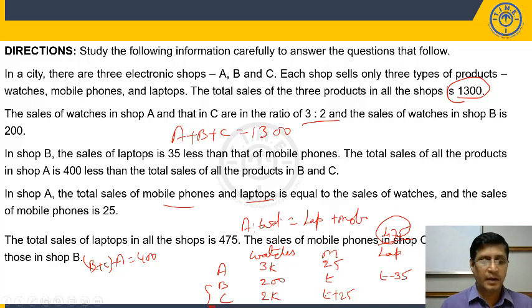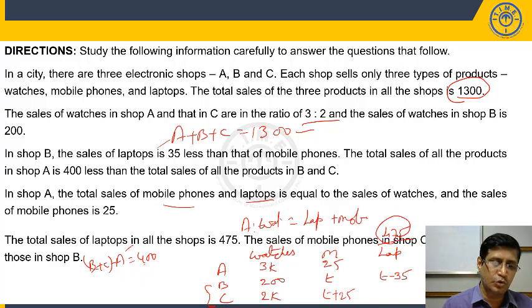Okay. Now, just by using this data, we need to answer the question. Look at this carefully. The total number of laptops is given, and the total number of all the products is given, and B plus C is more than A by 400, whereas A plus B plus C is equal to 1300.